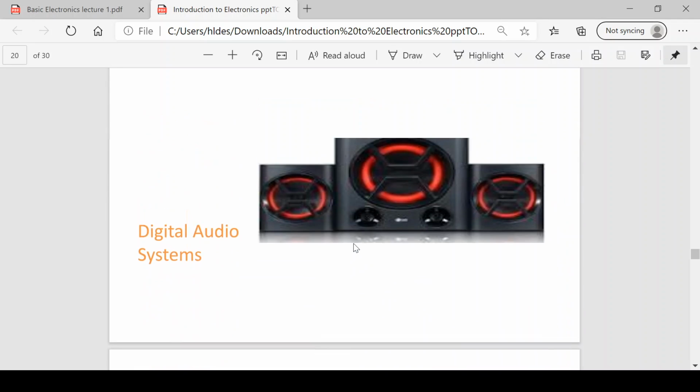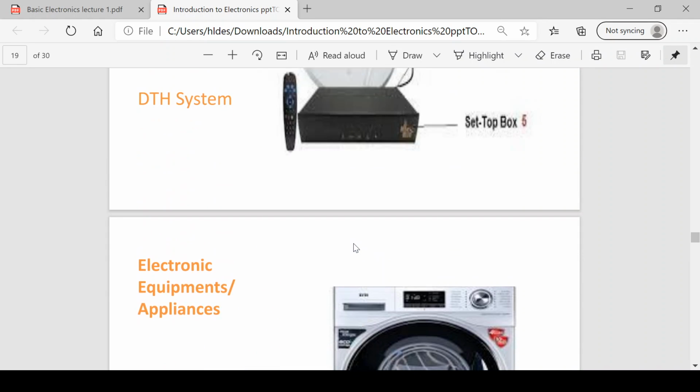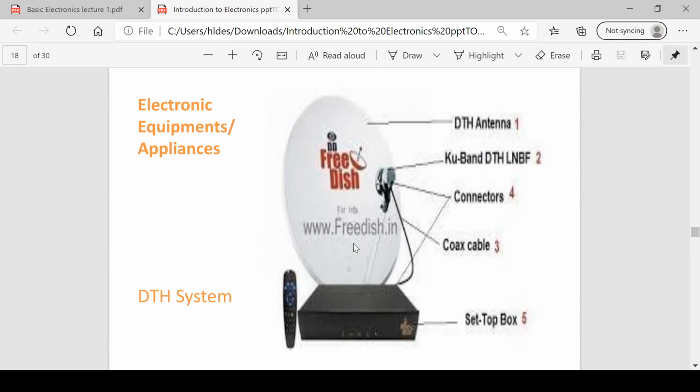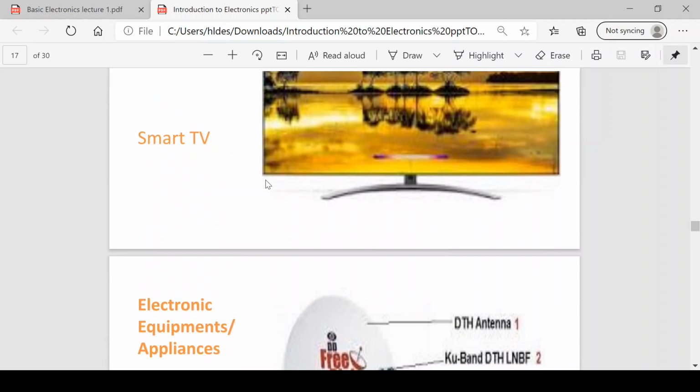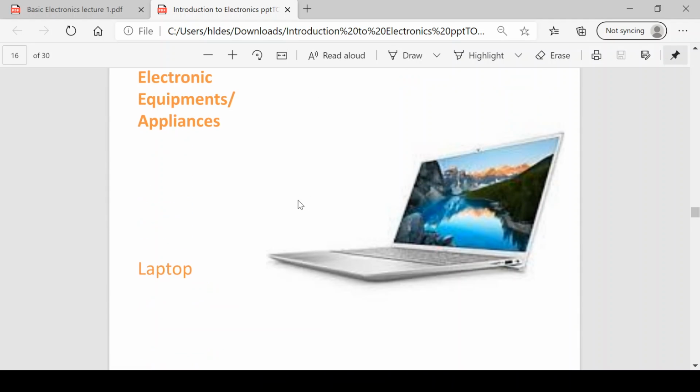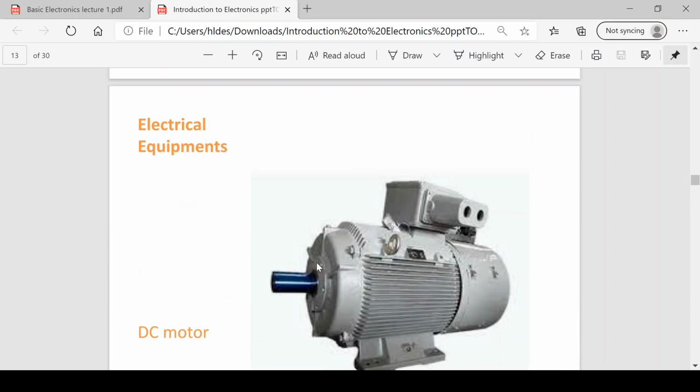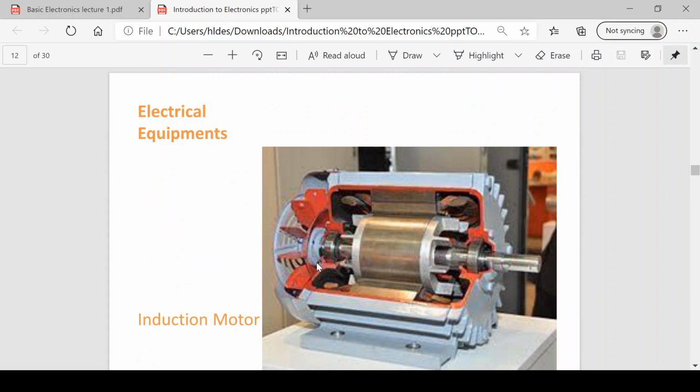So after looking at all these applications of electrical and electronics, you can guess the difference between them. These electronic devices deal with very small power but very high frequency, whereas electrical components deal with very high power but low frequency.